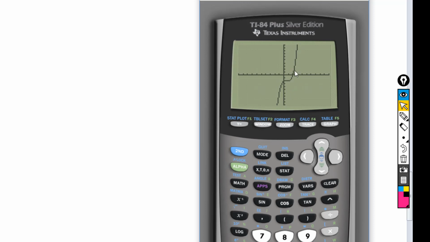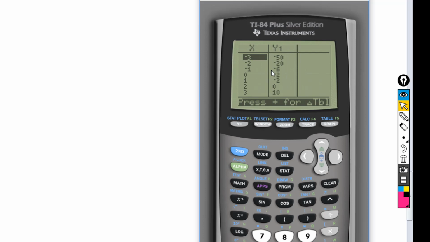I hit second and then graph, accessing the table, and you can see here that when x is 2, y is 0. So that tells you that, as I mentioned, x equal to 2 is a real solution.